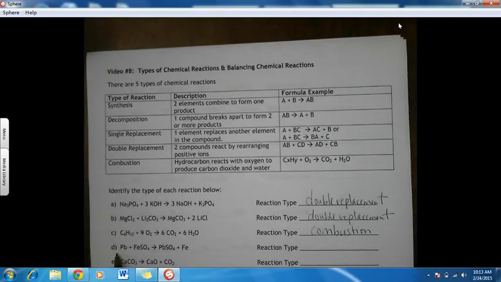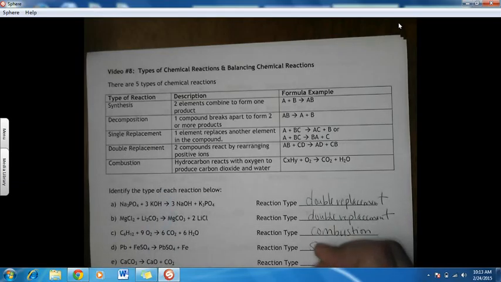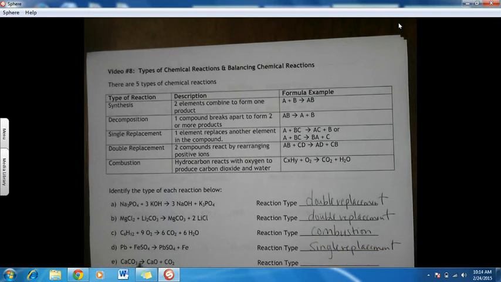Right, and then we have lead reacting with iron 2 sulfate, and then over here the lead is now with the sulfate. So this is an element replacing another element in a compound, and so that makes this single replacement. Next we have calcium carbonate, and that is breaking up into calcium oxide and carbon dioxide.